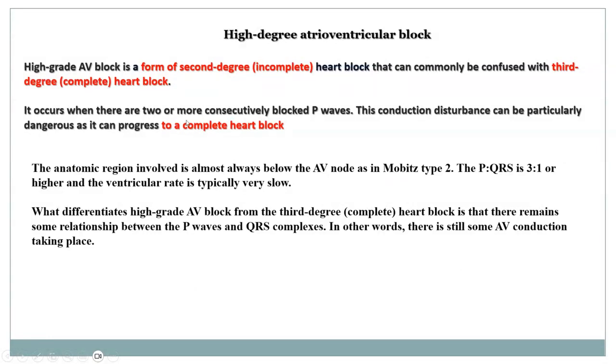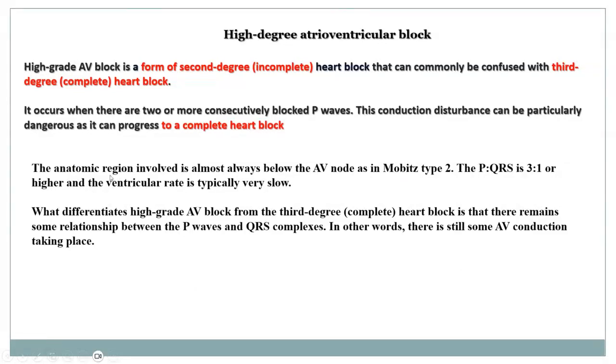It occurs when there are two or more consecutively blocked P waves. This conduction disturbance can be particularly dangerous as it can progress to a complete heart block. So we have some sort of second degree heart block which can progress to third degree heart block.